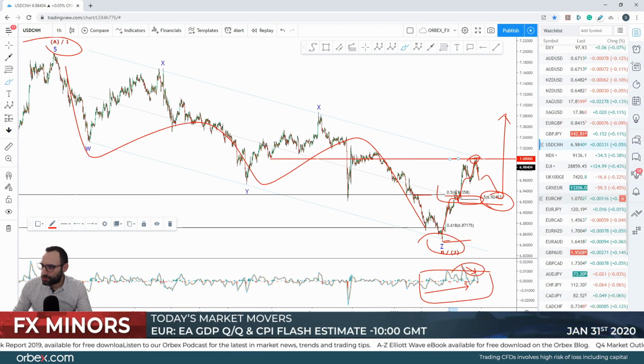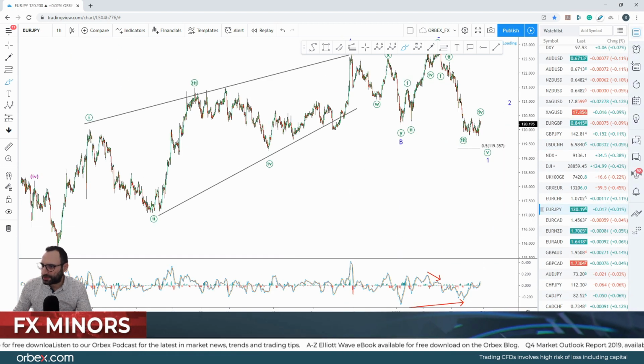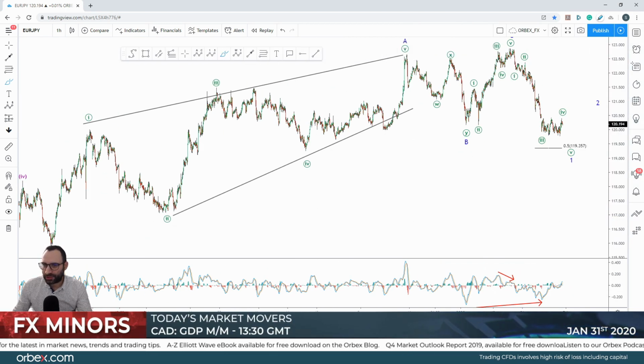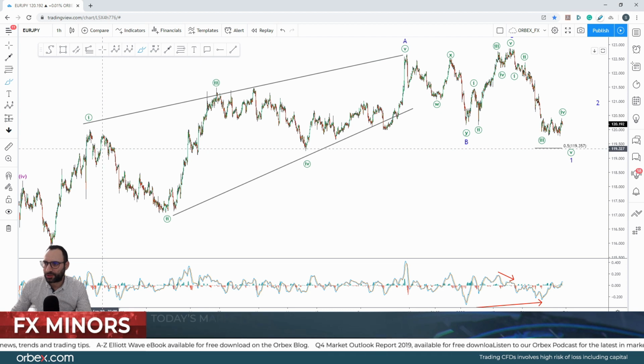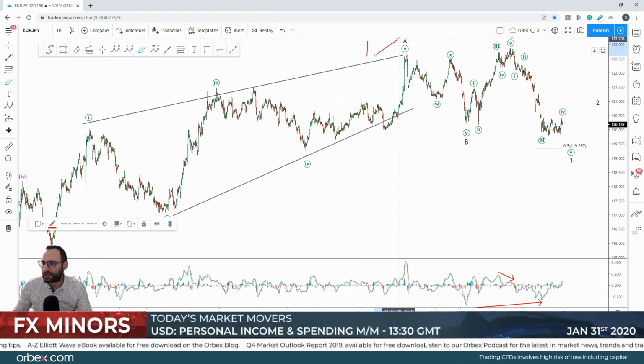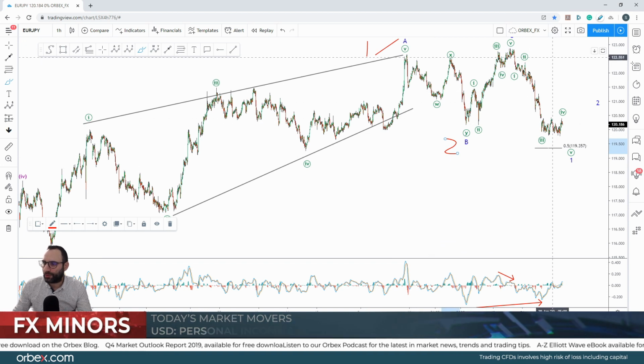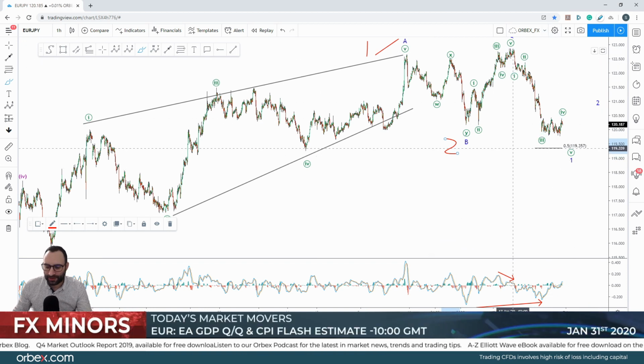Now let's go on the euro yen first, because I've actually just made a few changes over here. I was seeing this as an impulsive move to the upside with waves 1, 2, and then obviously going up for 3, 4, and 5.